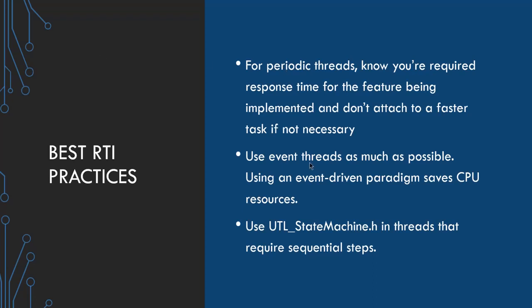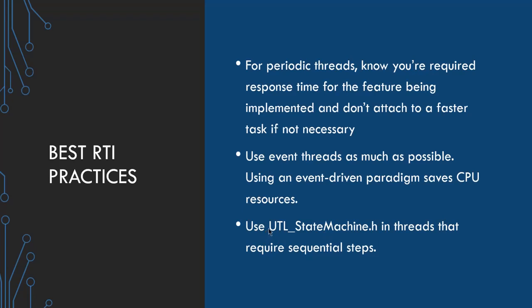With event threads, you only respond when you need to. So there's no monitoring, there's no polling. Just set your event threads up the way they're needed, and wait for things to happen. So this is an event-driven paradigm that's meant to save CPU resources.